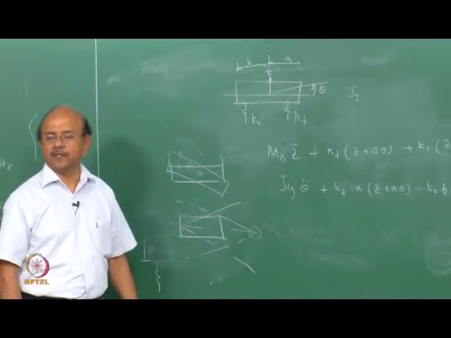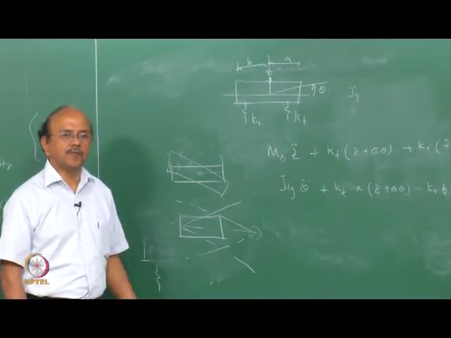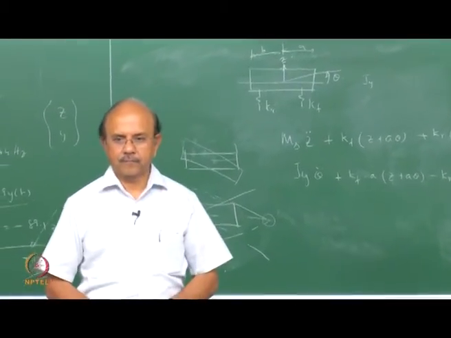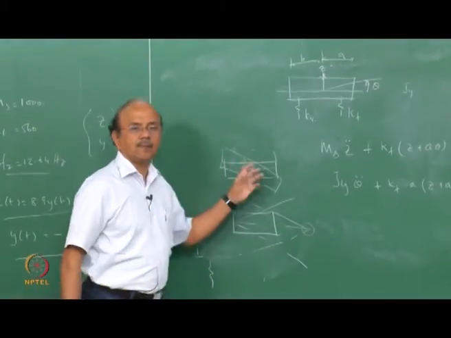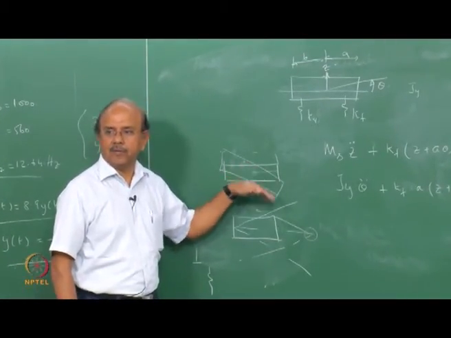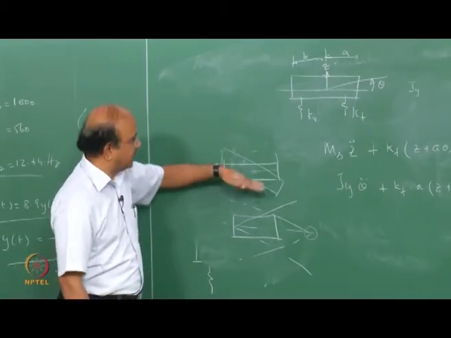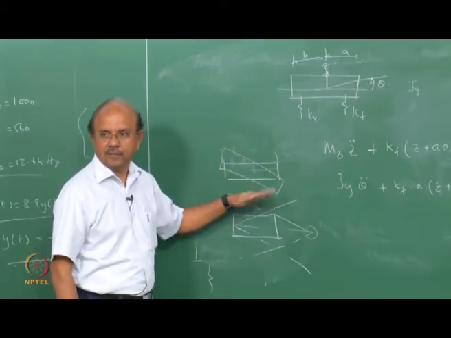So where am I going to get the disturbance? When the vehicle goes, say, for example, a front wheel goes over a bump. Now what happens in this case? When the front wheel goes over a bump, wherever you are sitting, you are going to oscillate, because that is the mode. When the rear wheel goes over a bump, again you are going to oscillate.